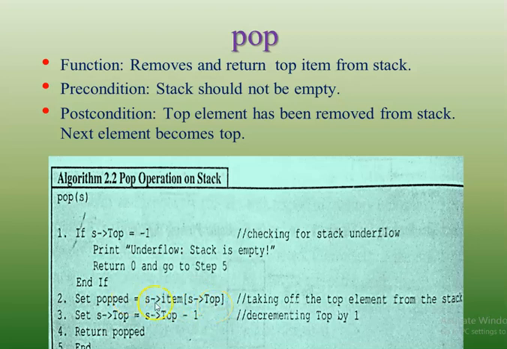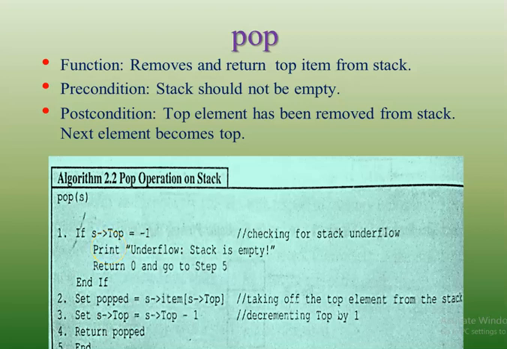So with that, the element here is being copied onto the variable popped, and we are decrementing the top index by 1, S top equal to S top minus 1. Then we are returning this assigned popped value to the calling algorithm.